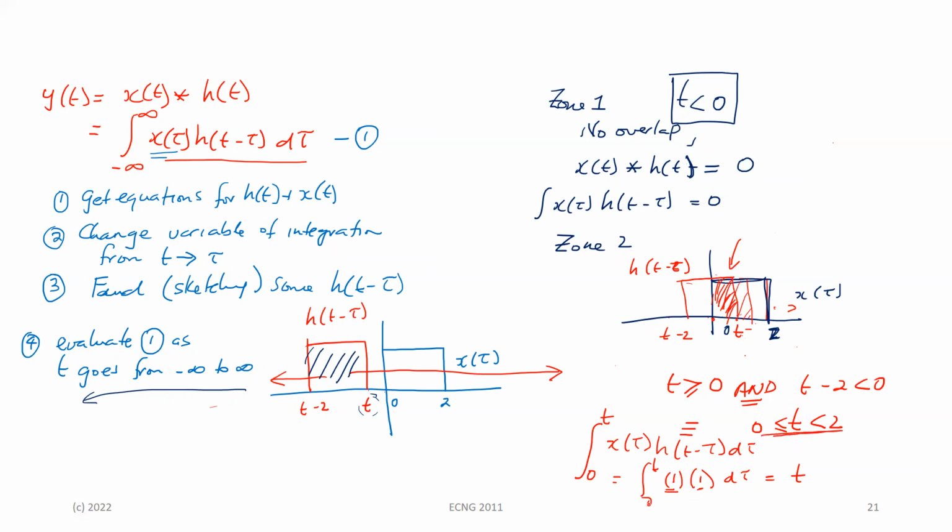So the overlap is starting here and it's finishing wherever t happens to be. That's the zone of overlap. So I'm integrating between 0 and t, 1, which is x tau, times 1, which is h of t minus tau, d tau. Integrate 1 with respect to tau, so you get tau, and the limits will be 0 and t. So if you work that out, the actual value of the convolution is t. Yeah?